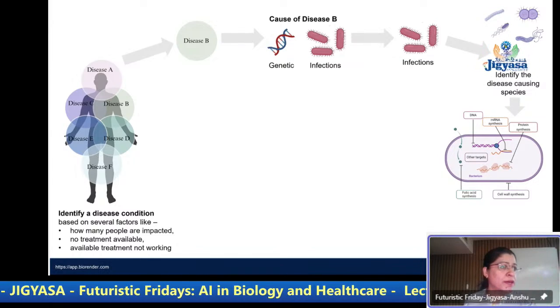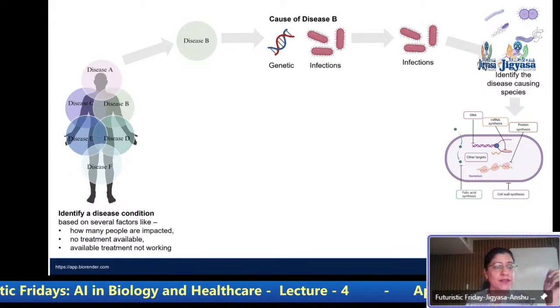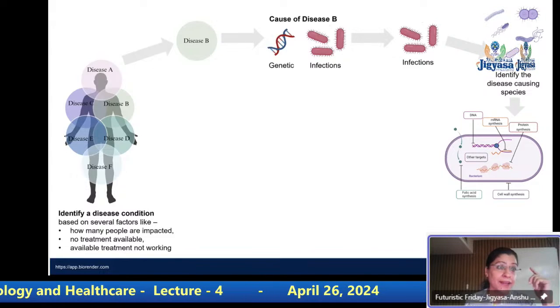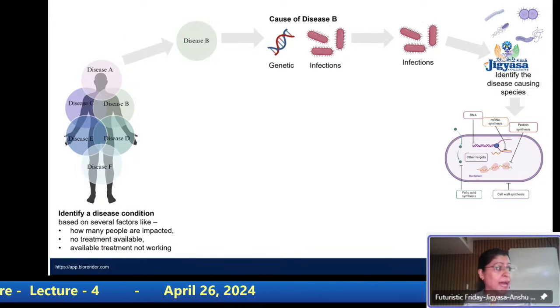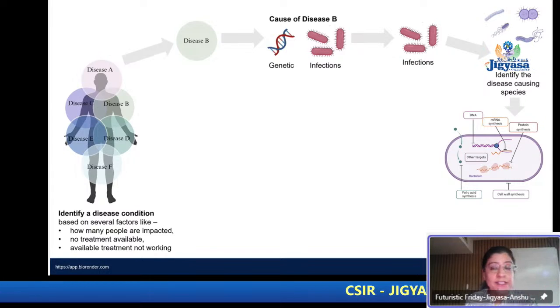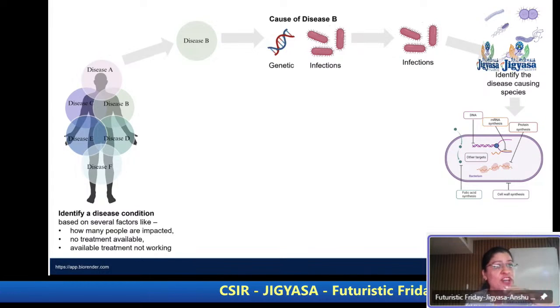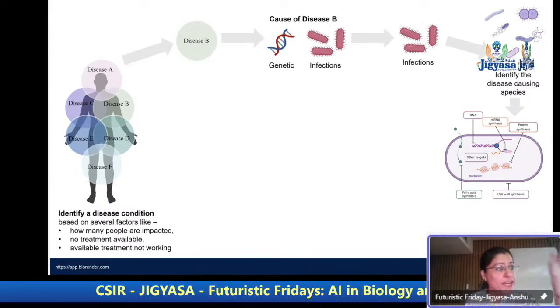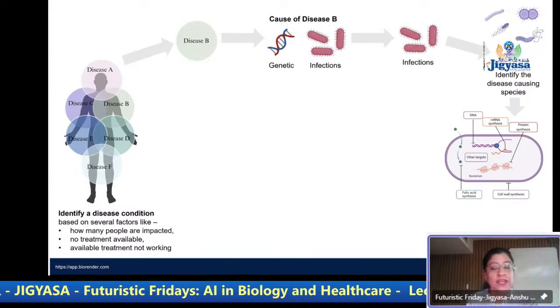If you want to really kill a human being and you have a bullet, where do you hit it? Head or heart. If you hit it in the hand, the person may not die, right? So how do you now identify the head or heart of a bacterial system that you don't even see? So that's the next challenge. That how do you identify those points where you can target?